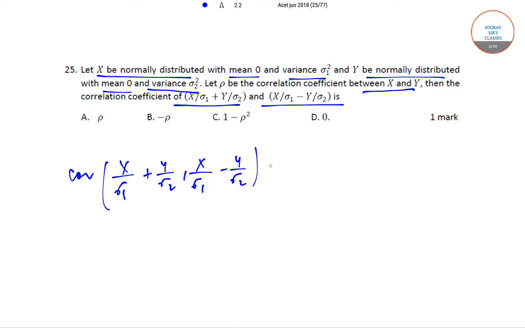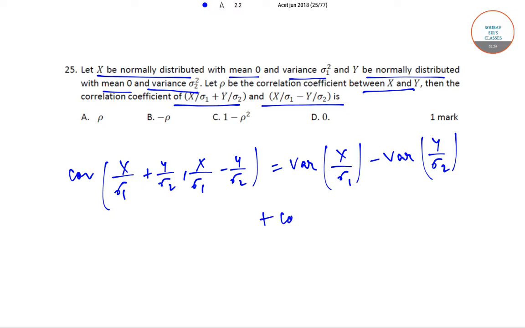Now this on expansion and simplification gives us variance x by sigma 1 minus variance y by sigma 2 plus covariance y by sigma 2 comma x by sigma 1 minus covariance x by sigma 1 comma y by sigma 2.